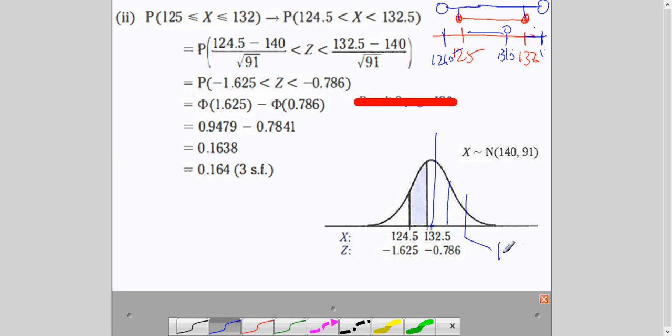This value will be 1.625 and this value will be 0.786. You have to calculate this, so you simply do phi 1.625 minus phi 0.786. Because of symmetry, we have both z values positive, and we can read the probability from the table.